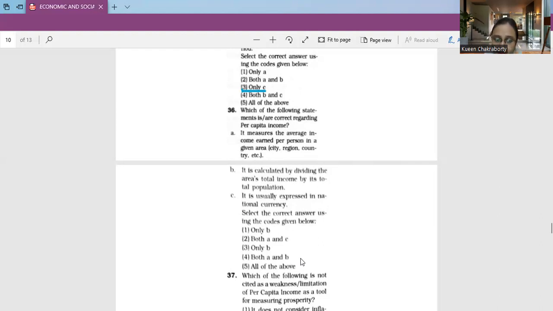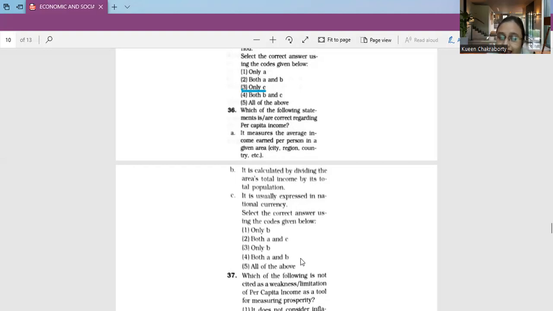What is actually per capita income? Per capita income is usually expressed in terms of a commonly used international currency. It can be United States dollars or any other currency if required. It is useful because it is widely known.